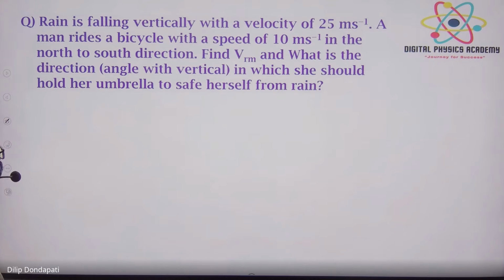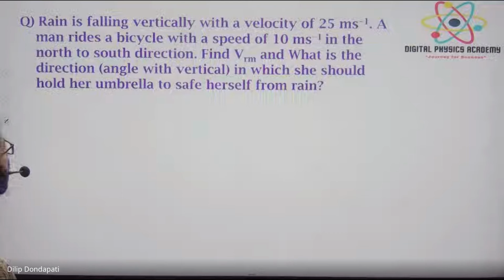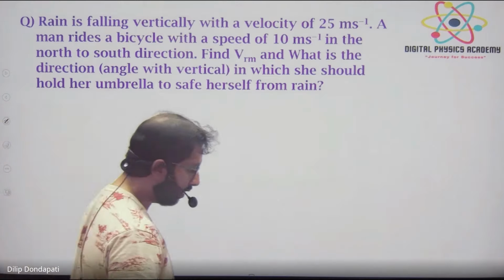Rain is falling vertically with a velocity 25 meters per second. A man rides a bicycle at a speed of 10 meters per second in the north to south direction. Okay. Find VRM and what is the direction angle at which he should have put an umbrella. Same, VRM find करना है, that's it.